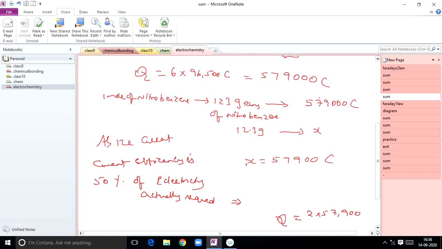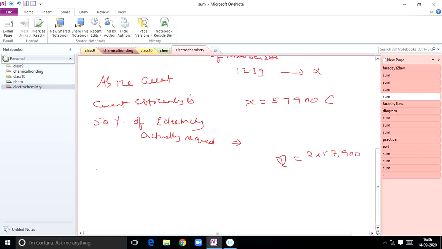So how much if you multiply this? Q is equal to 115800 coulombs.